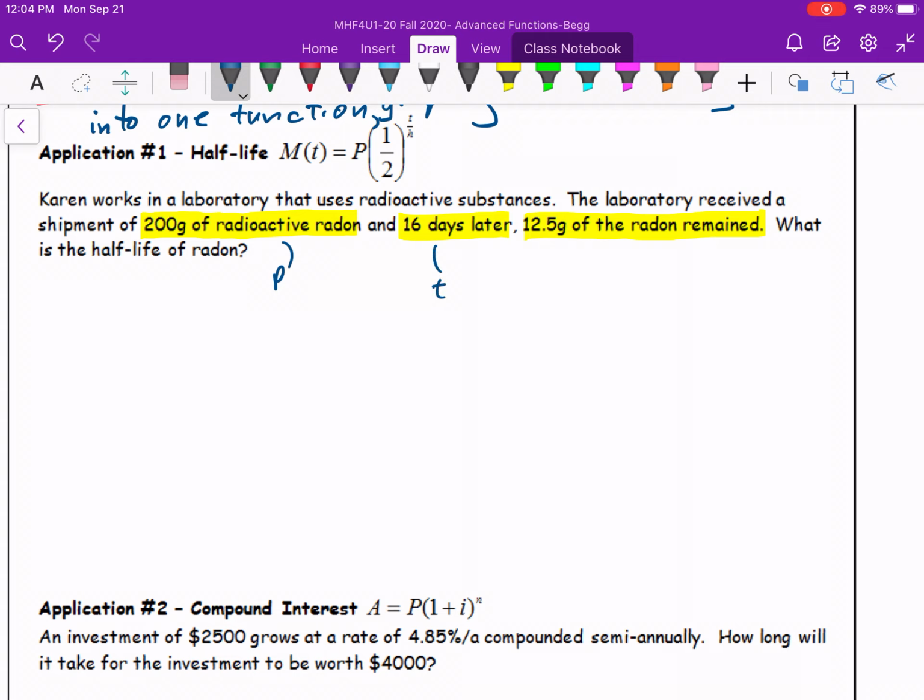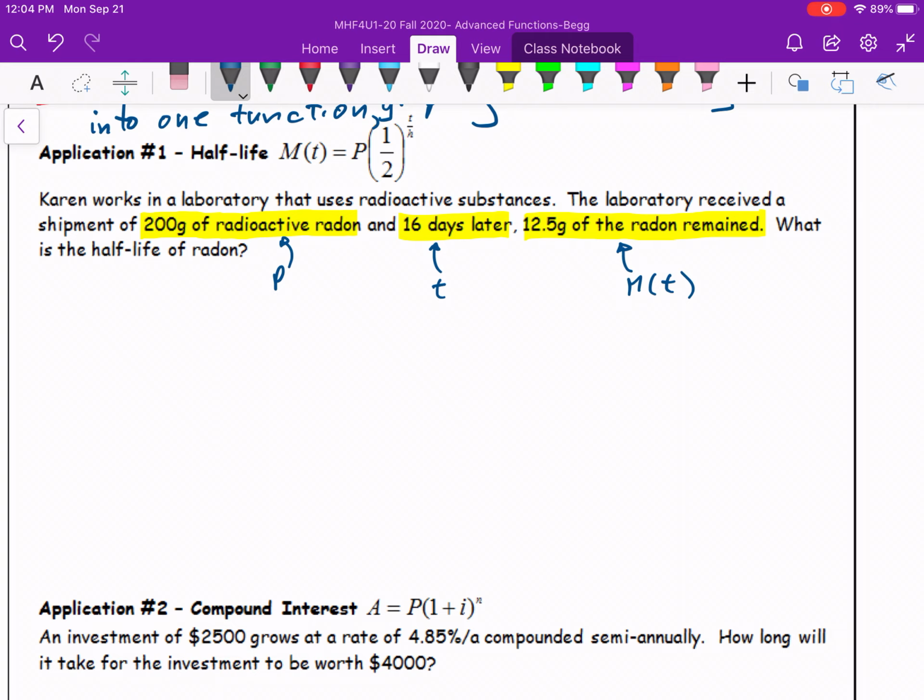That's the amount of time that's elapsed. And M, or M at T if we wish, is going to be what's left after a certain amount of time. I meant to write down M at T, or just M would be fine as well.